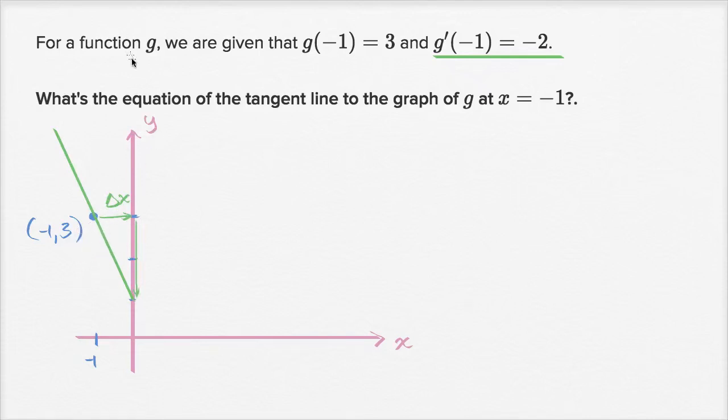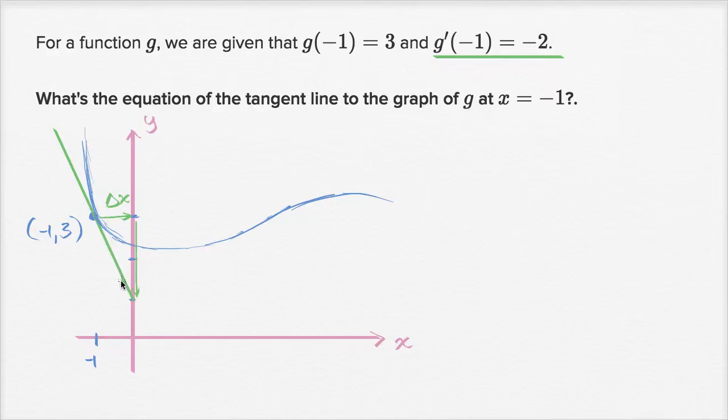You might say, well, where is g? Well, we could draw what g could look like. g might look something like that, where that is the tangent line. We could make g do all sorts of crazy things after that. But all we really care about is the equation for this green line.